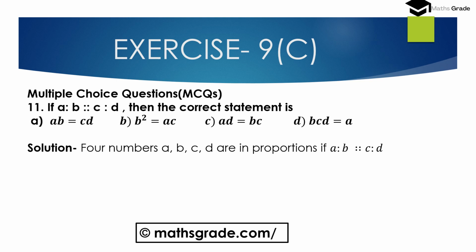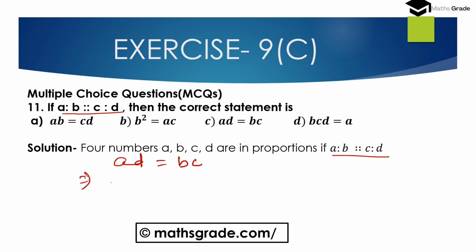Now we will solve question number 11, multiple choice questions. If A is to B is proportional to C is to D, then the correct statement is: options are AB equal to CD, B square equal to AC, AD equal to BC, or BCD equal to A. We know if 4 numbers A, B, C, D are in proportion, then we can write A is to B is proportional to C is to D. That is AD is equal to BC.